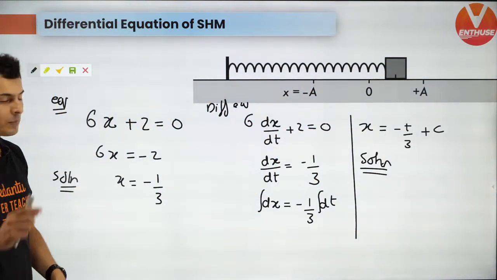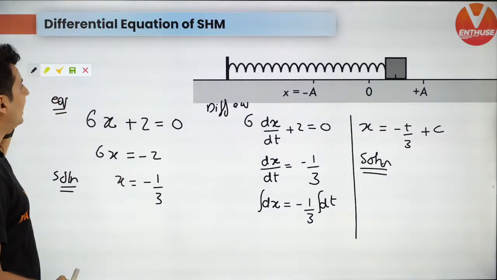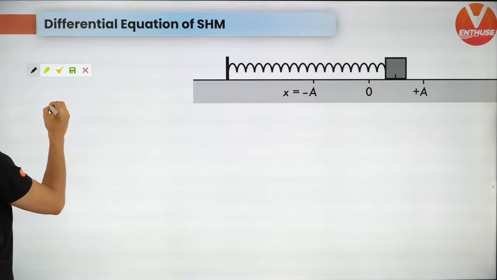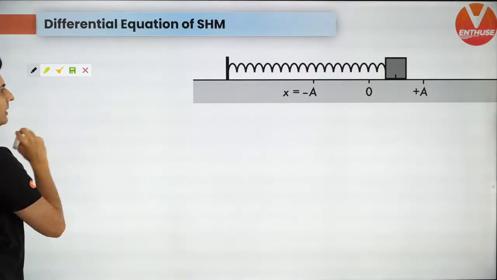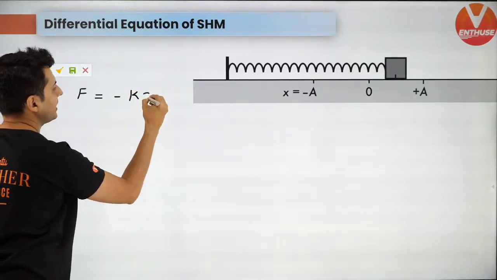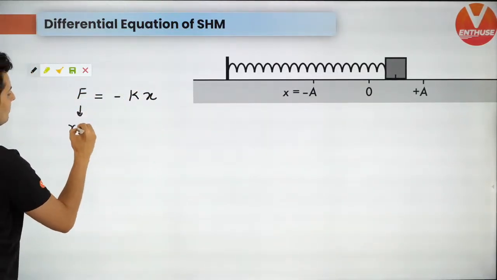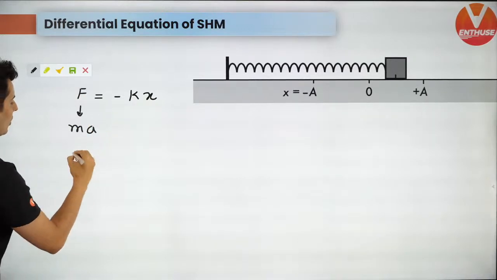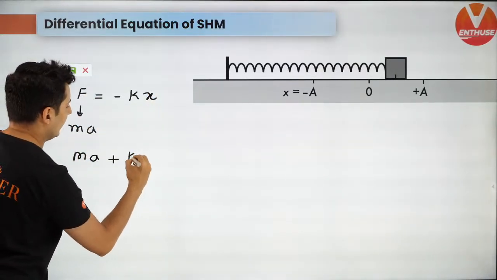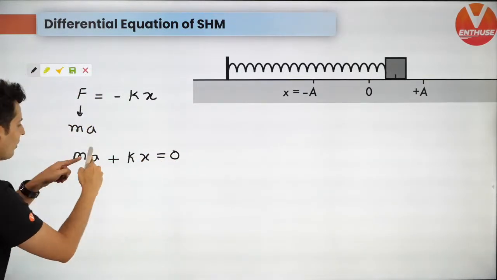All right. Now, if that's the case, what's the differential equation for SHM? The answer is very simple. Remember, I told you the force of the spring is minus kx, and this force is mass into acceleration. So ma equals minus kx; bring that kx on this side. Now, what is a?